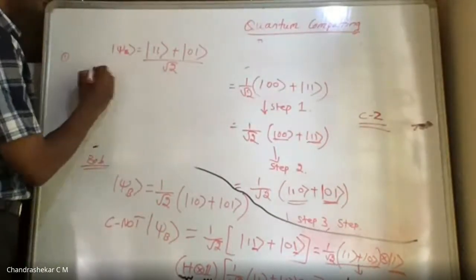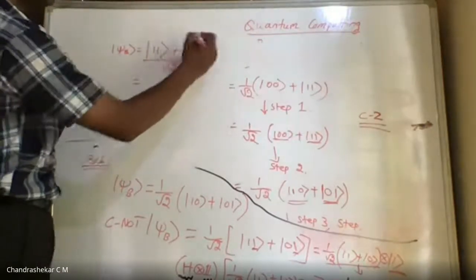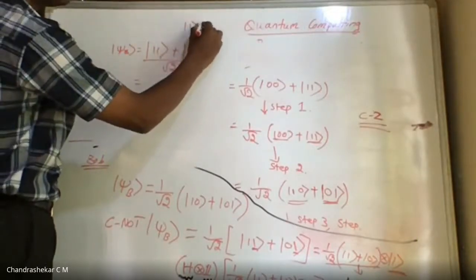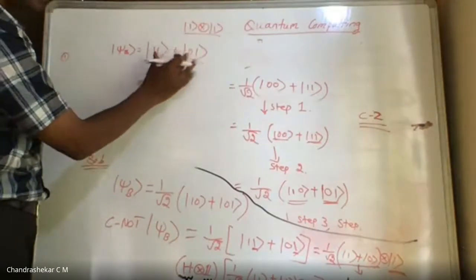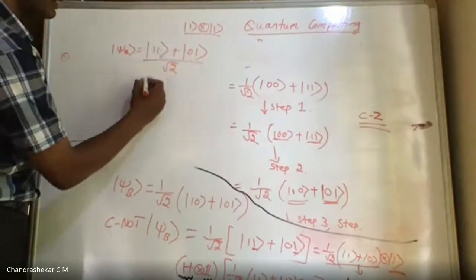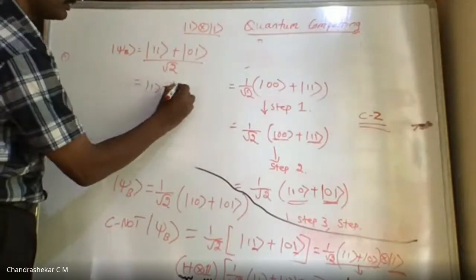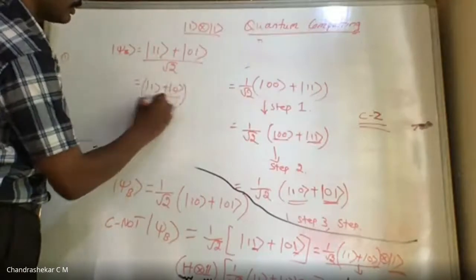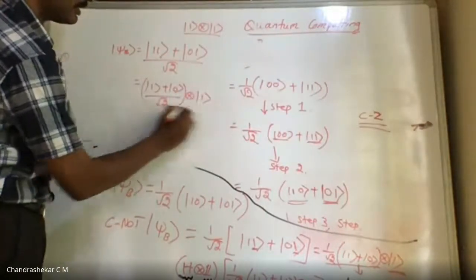Now I'm rewriting this. When we said initially that a 2-qubit state is actually written like this, but in a simplified form we write them together, I have a provision here to rewrite this state as 1 plus 0 by root 2 tensor 1. So this is my first and second qubit.